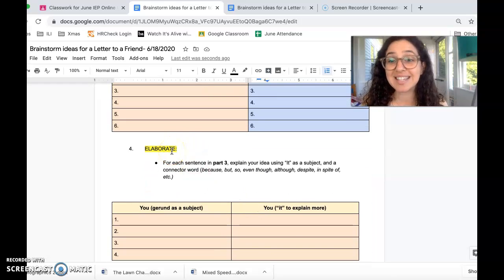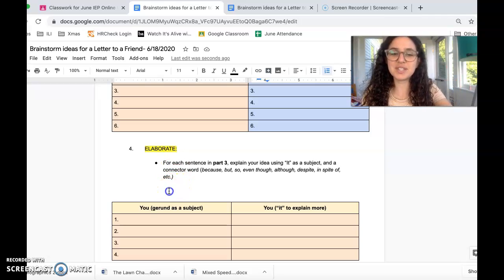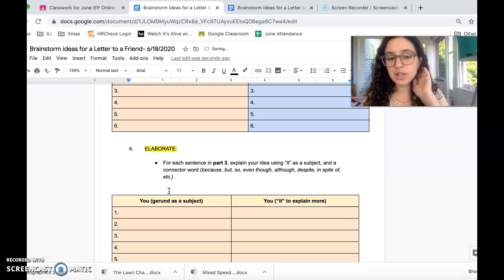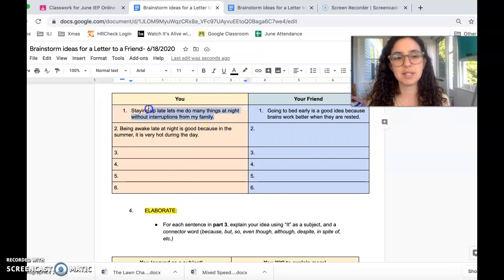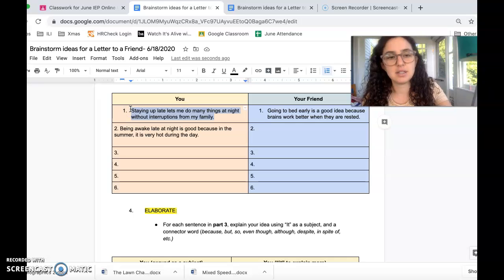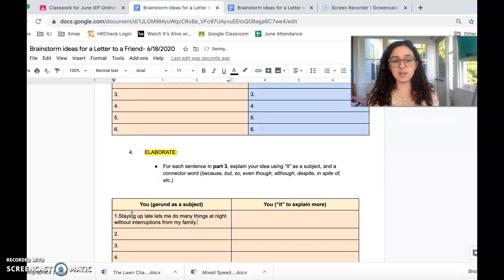Finally, you will elaborate. Tell me more. For each sentence in part 3, you will explain your idea using it as a subject and a connector word. Okay, so I'm going to just take one of my sentences. I'm going to put it down here. This was my gerund as a subject idea.